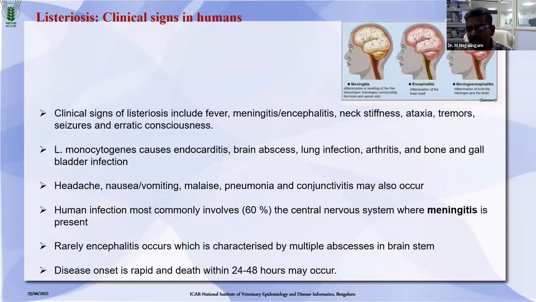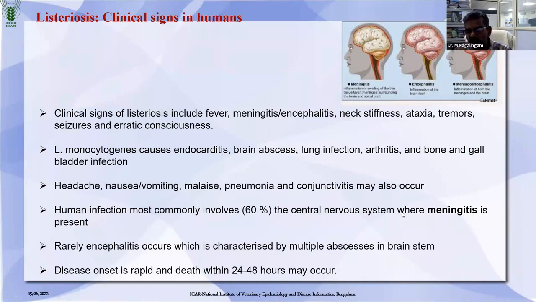In case of human beings, like we have seen in sheep and goats, the signs range from normal symptoms like gastrointestinal symptoms to severe symptoms like meningitis and encephalitis. The major symptoms will be towards meningitis and encephalitis.